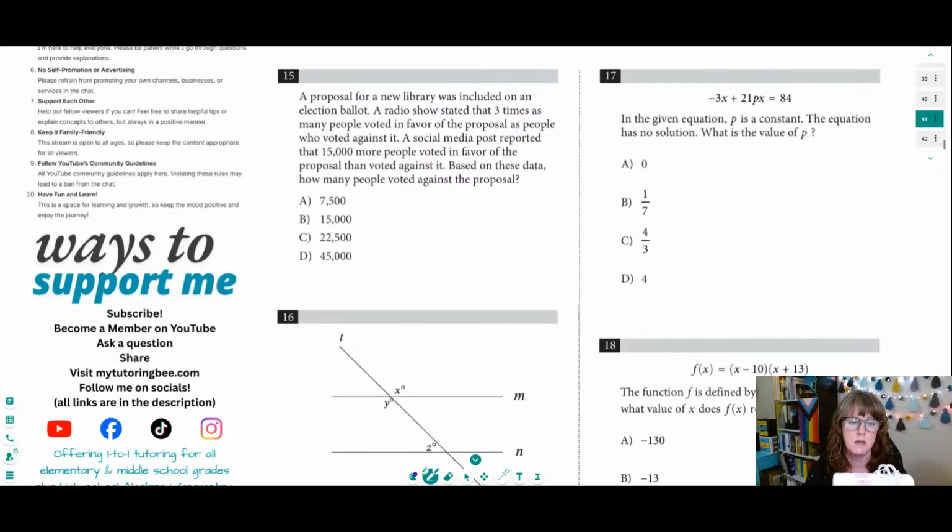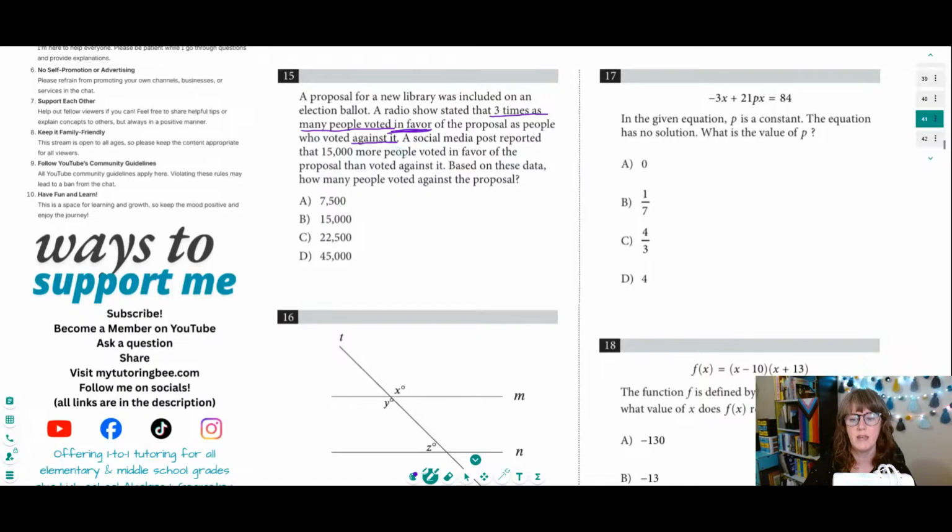Based on these data, how many people voted against the proposal? Okay, so I think this is going to be a system of equations. Let's take a look back through the information that they gave us. So the first piece of information is that 3 times as many people voted in favor of the proposal as people who voted against it.